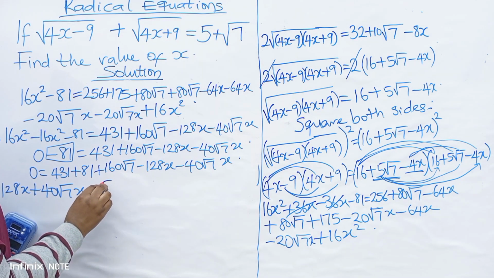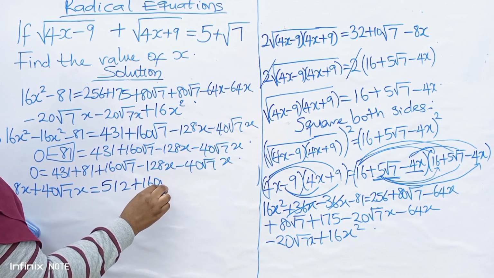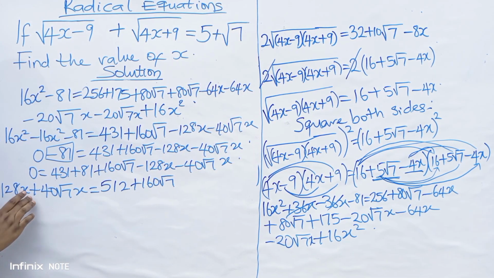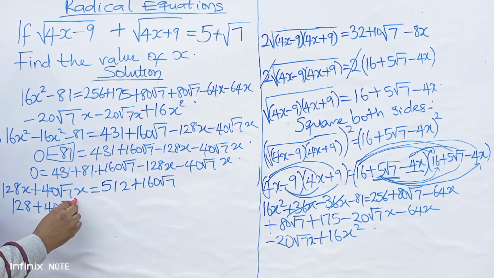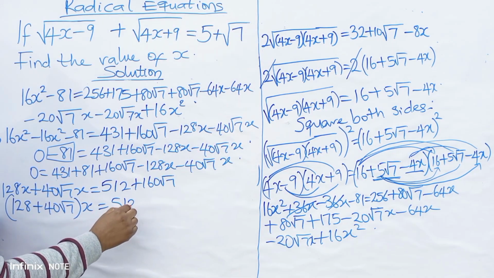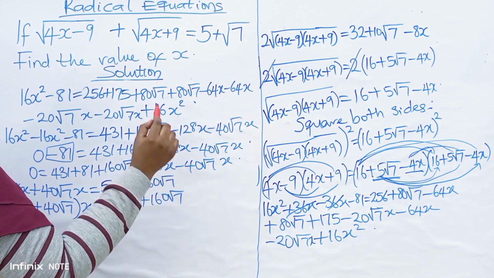That is 512 plus 160 root 7. Yes. Now, let's factorize x out from the left hand side. So I have 128 plus 40 root 7, everything multiplied by x is equal to 512 plus 160 root 7.